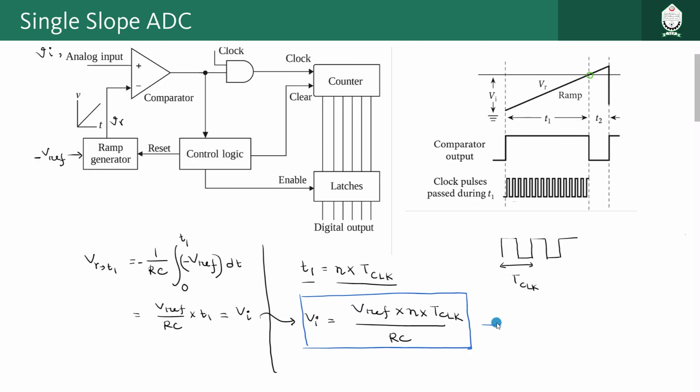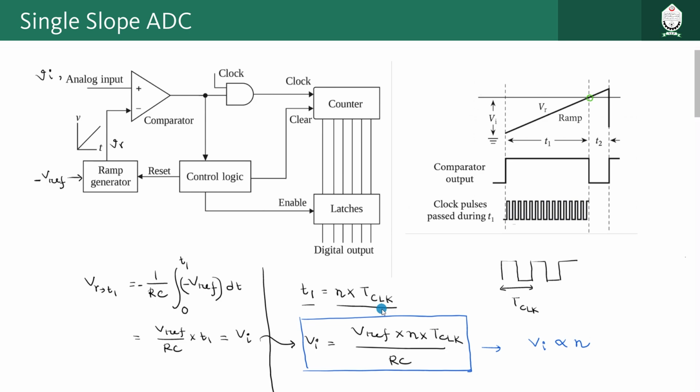So here we can say Vi is proportional to N, because Vref is a constant which is given by us, T clock is a constant given by us, which is the time period of our clock pulse, and R and C are the resistor and capacitor of our ramp generator. This is also constant. So all of the values are constant.